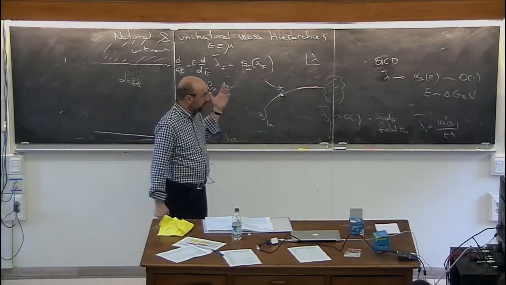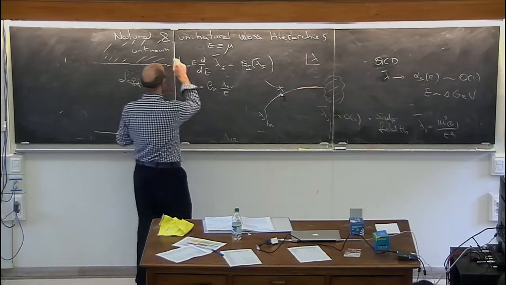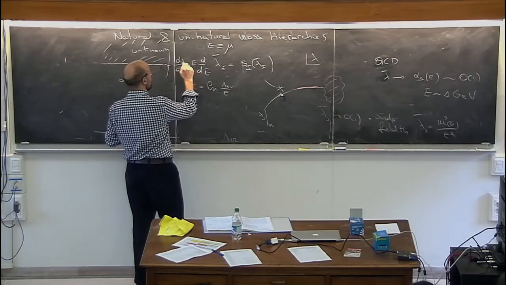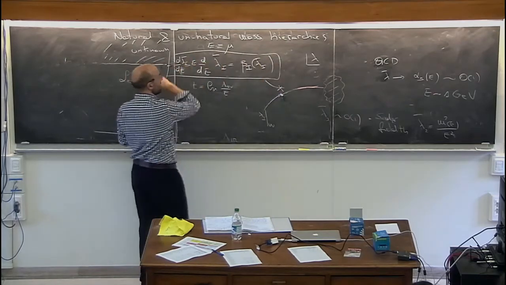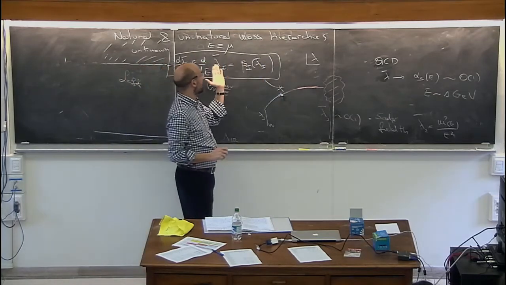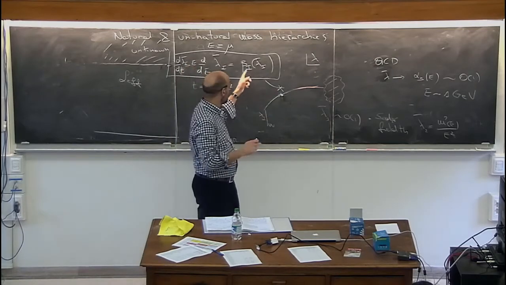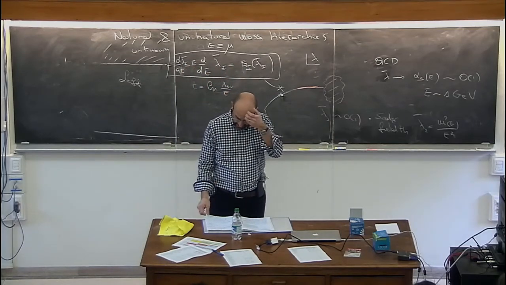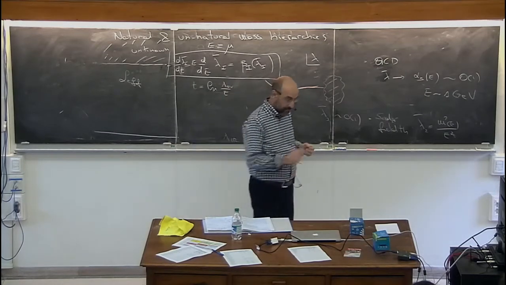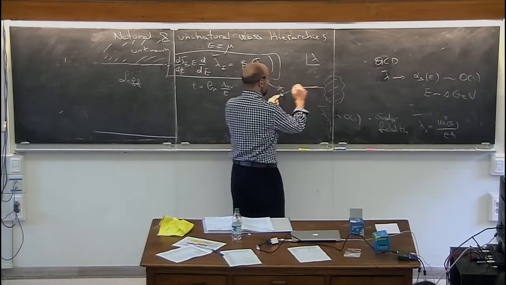And as I said, the infrared, in this RG flow, is the scale where some of these couplings, after flowing in this coupling space, become of order 1. So you start and you flow.